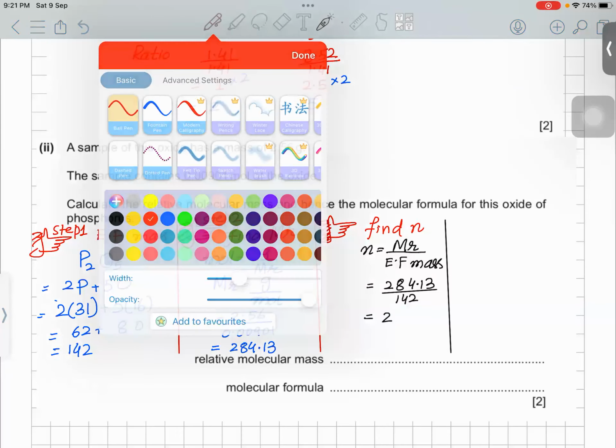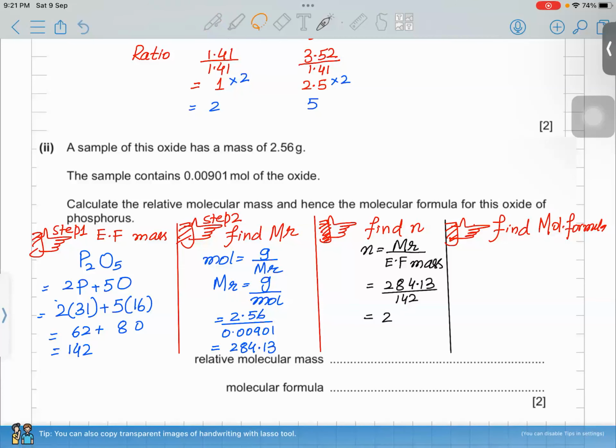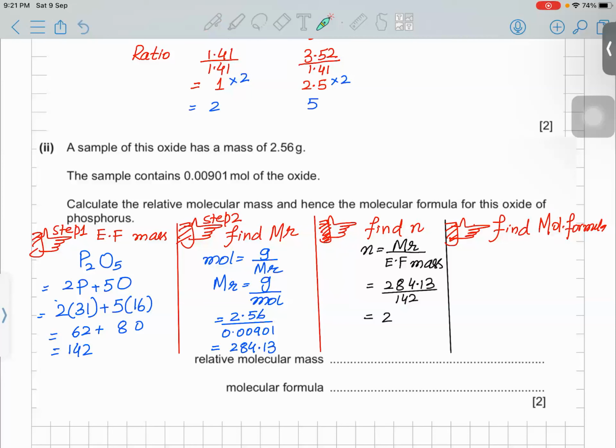Now next step is find molecular formula. Sir, what was MR?